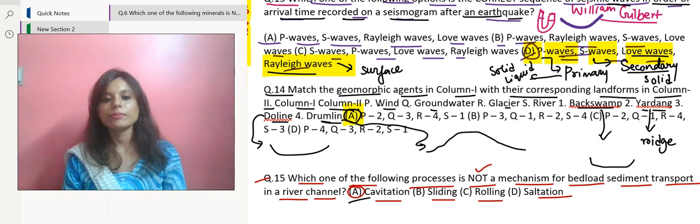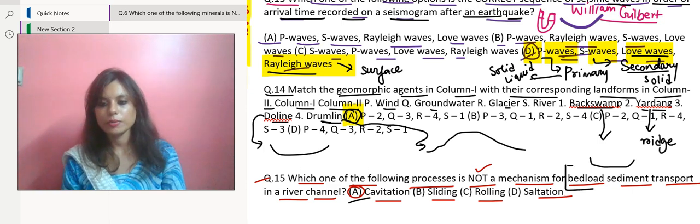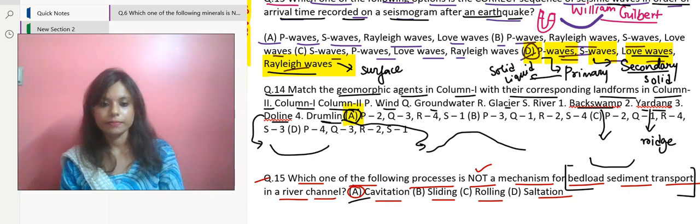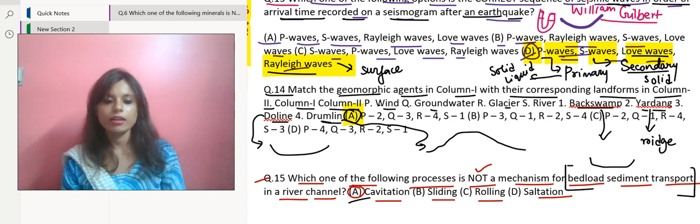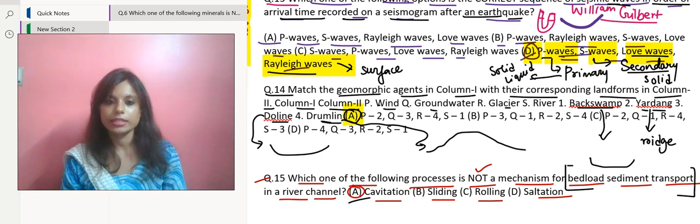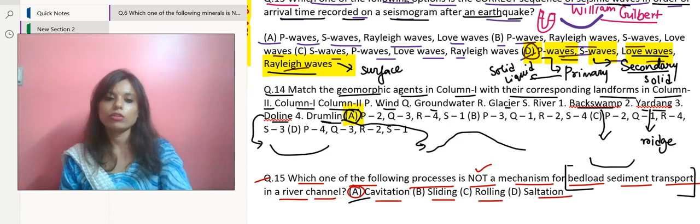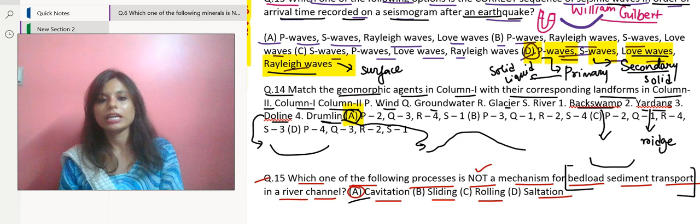Now, bedload sediment transport in a river channel can occur through several mechanisms, including sliding, rolling, and saltation. Sliding occurs when sediment grains move along the bed of the channel without becoming airborne.